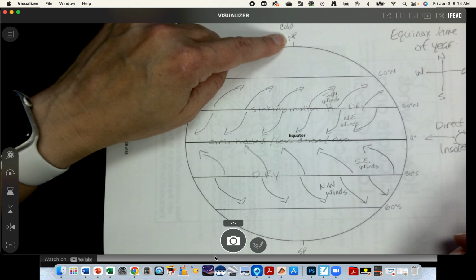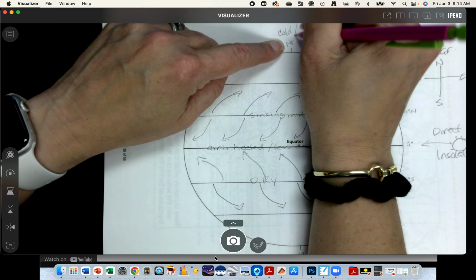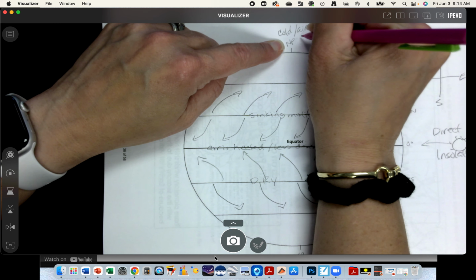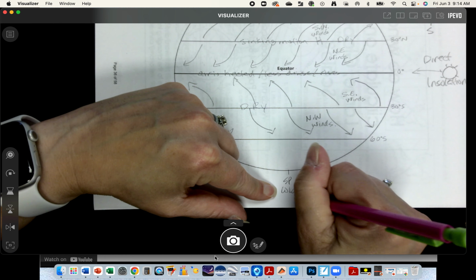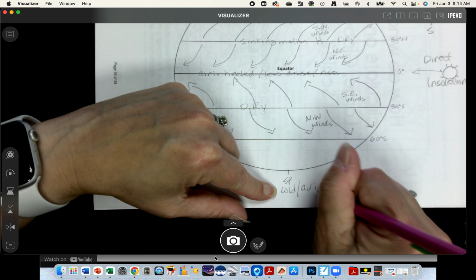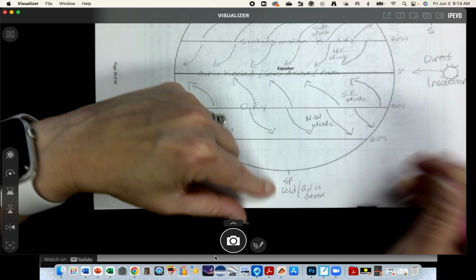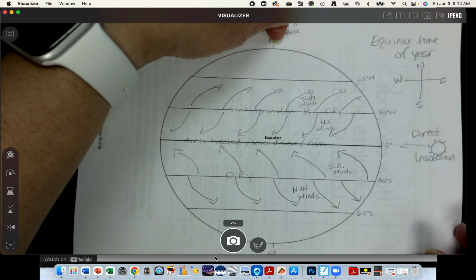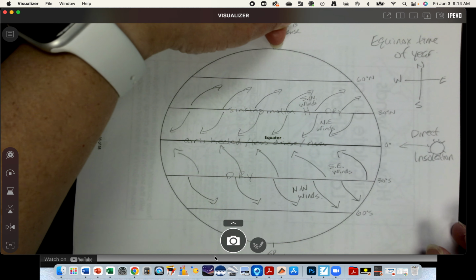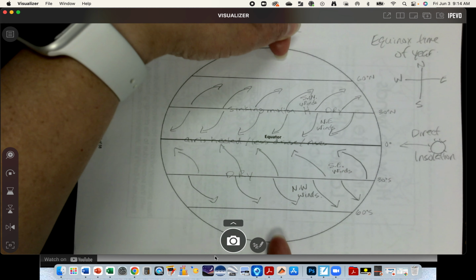Super cold. And because it's cold, the air is dense. What does dense stuff do? It sinks. Okay, so the air is sinking at both the North Pole and the South Pole.